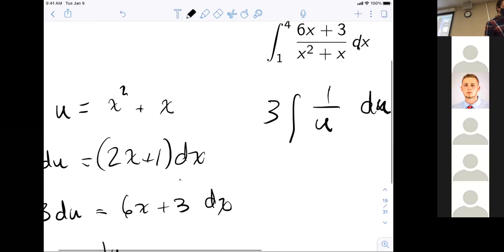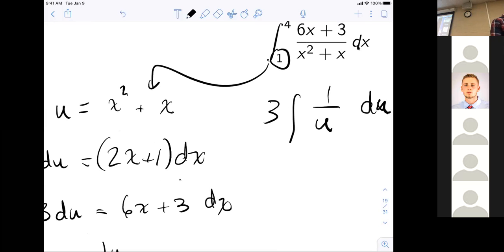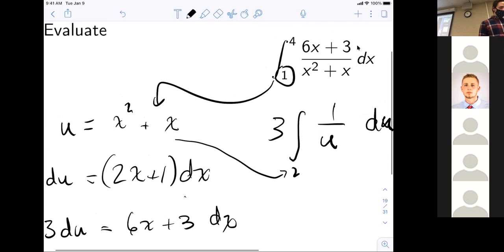So what's the new lower bound? How would I find the new lower bound? Plug 1 into your u. Good. I'm going to plug in 1 into here to get what this needs to be. And when I do that, I'm going to get 1 squared plus 1, that's 2. Okay. And then how do I get the new upper bound?